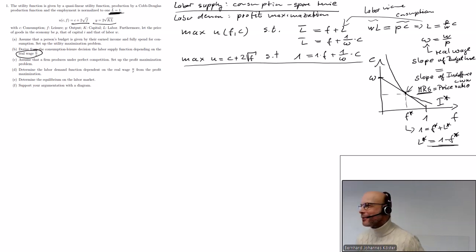So you have to answer me, what do I have to calculate? So this is one. I calculate the slope of the budget line, and I calculate the slope of the indifference curve, marginal rate of substitution. This is one possibility.